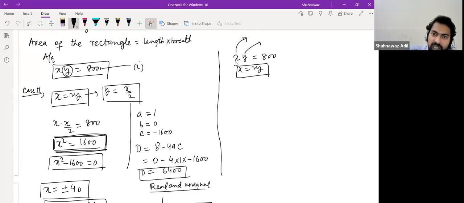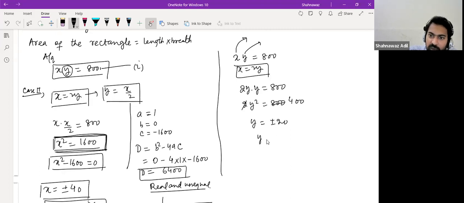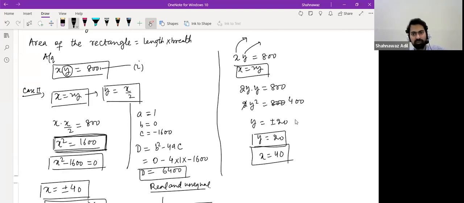So if I replace this x, then 2y into y is 800, right? So this will give me 2y square is 800, so y square is 400. Then y would be plus minus 20. So y would be 20, and then your x would be 40. Right. So this is how they did it in your school, right?